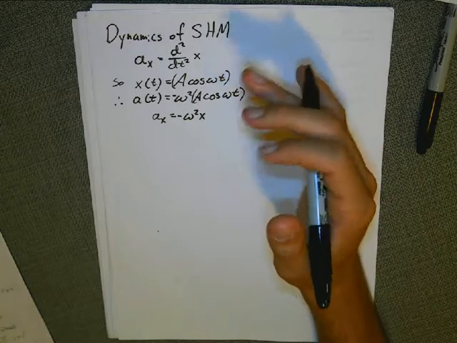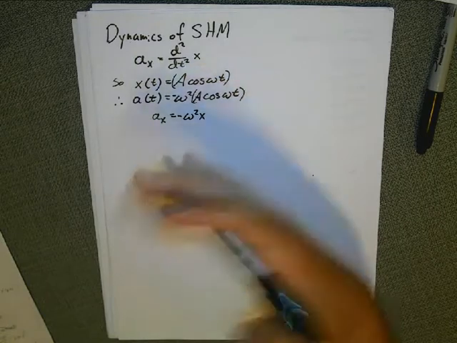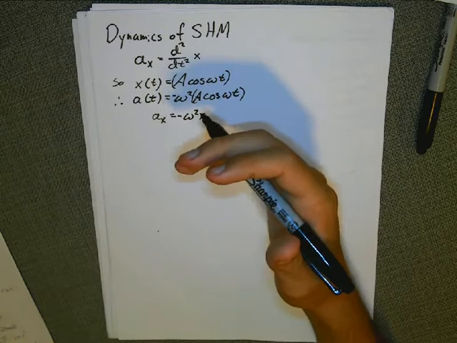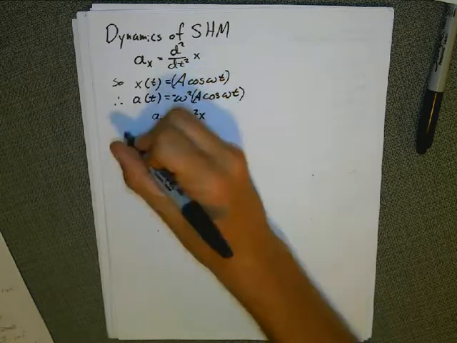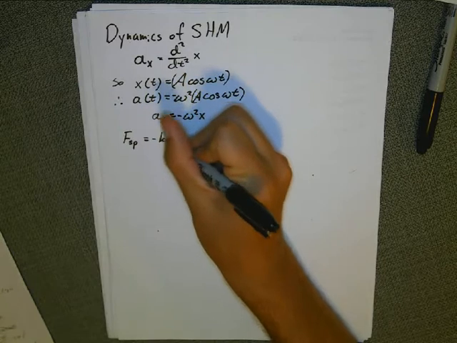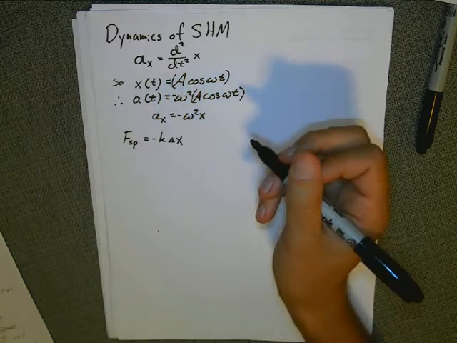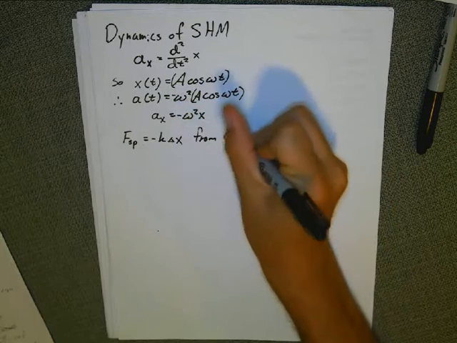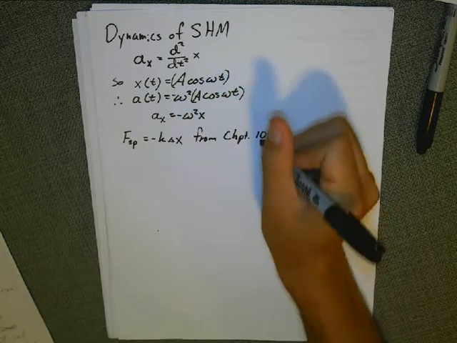Now, we're going to continue to talk about springs for this video. If you remember, the force of a spring is equal to negative k delta x, from chapter 10. And this is a restoring force.